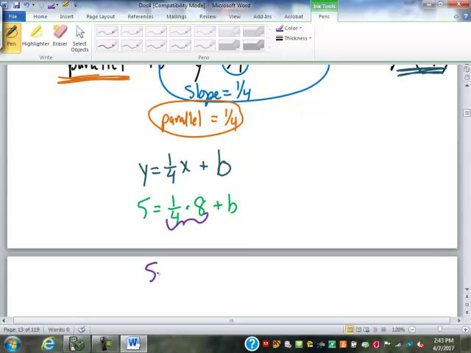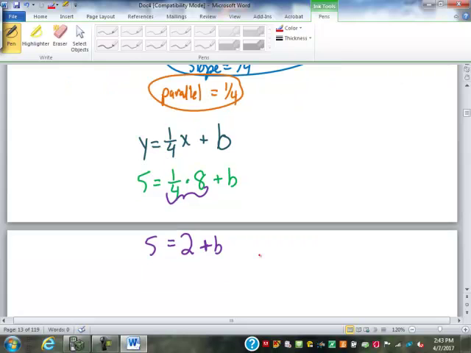One-fourth times 8. And what does that give us? 2. Good. So 5 equals 2 plus b. Next we have to subtract 2 to get b by itself. So 5 minus 2 is 3 equals b.